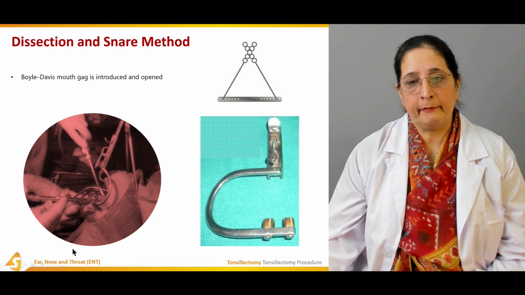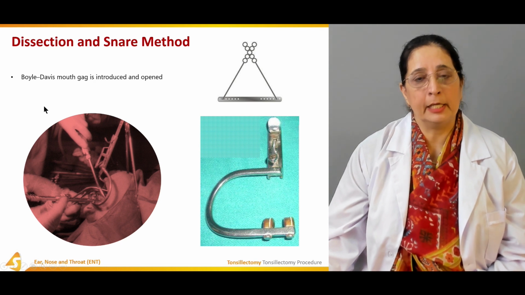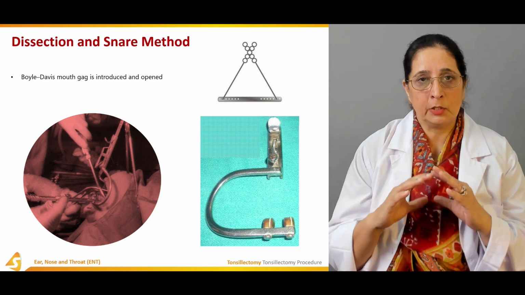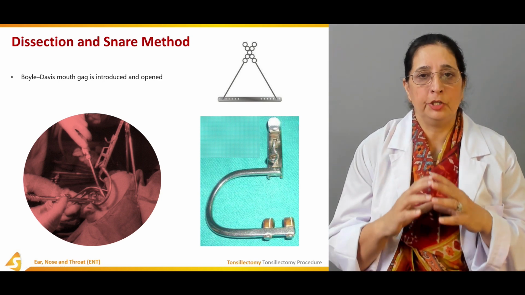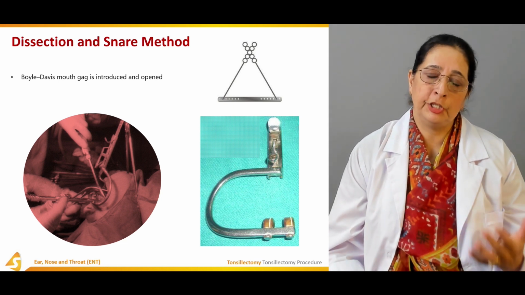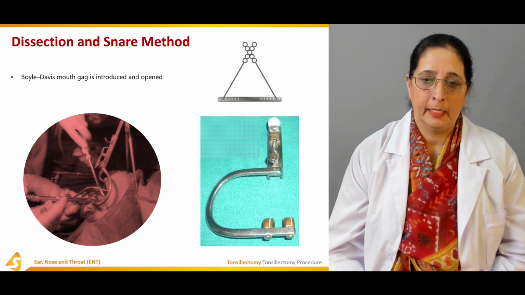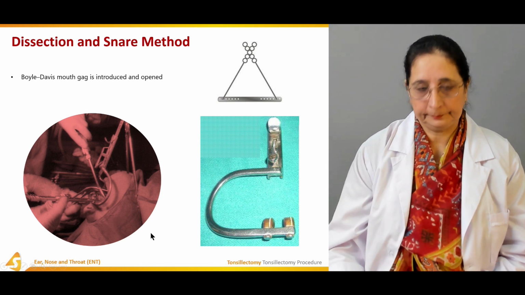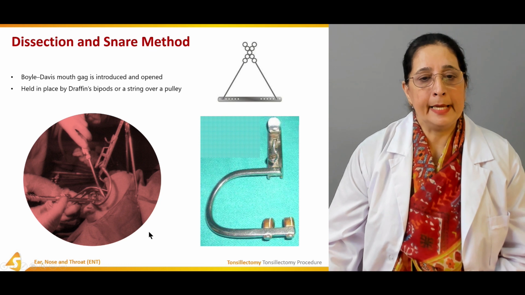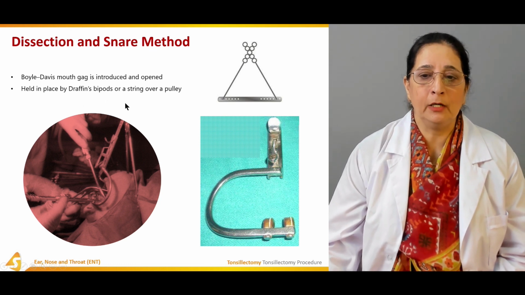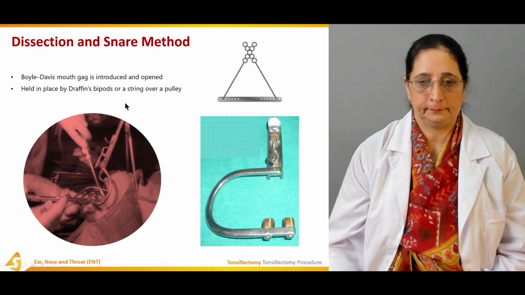It is opened to the extent that the view for the surgeon is clear and good, so the procedure can be easily performed. The mouth gag is held in place by Dreffen's bipods or a string over a pulley.